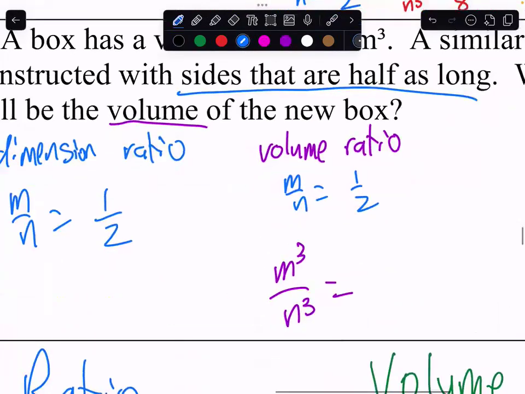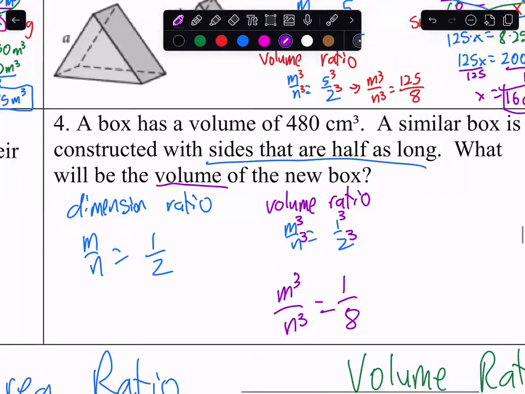Okay, so you just focus on this side. What do you do to m over n to make it into m cubed over n cubed? You cube it. You raise everything to the 3rd power. So you have to do it to the other side also. 1 cubed is 1, 2 cubed is 8. All right, so the volume ratio is 1 to 8.